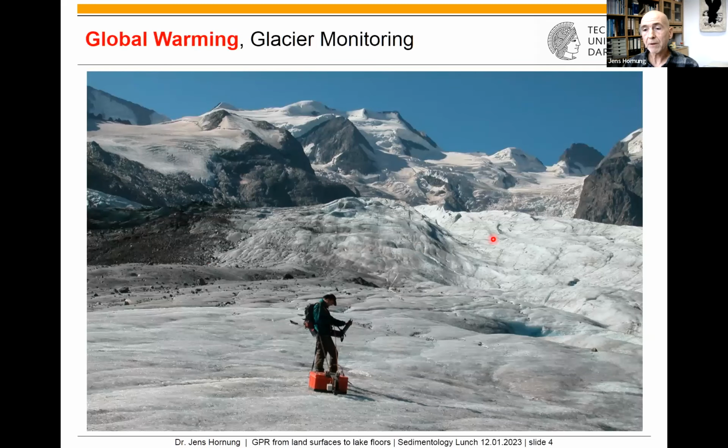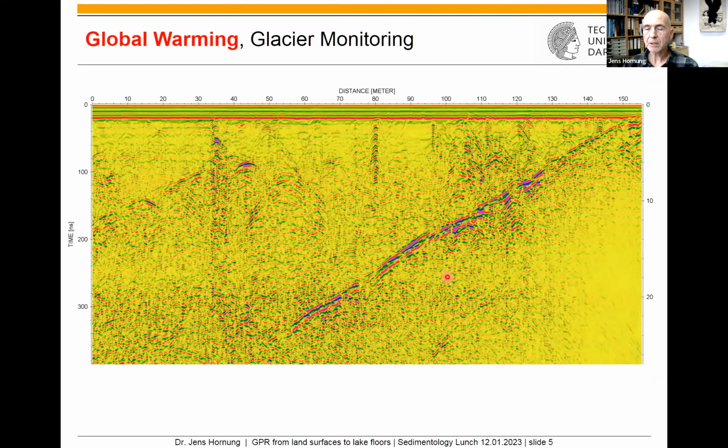But now starting with the glacial environment, so how GPR can contribute to the structure investigation of glaciers. And this is a result of a glacier survey. And we have the distance in these GPR sections always on top. And we have the time, so how long the reflection travels two-way down and back.